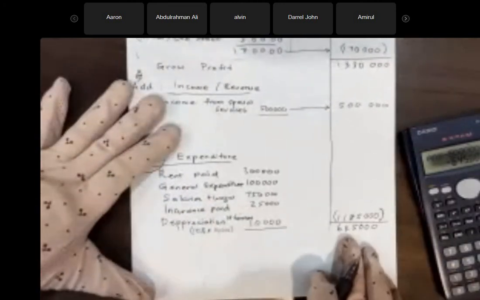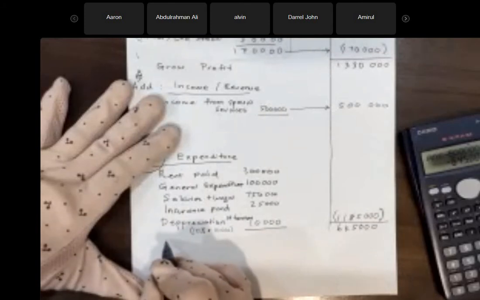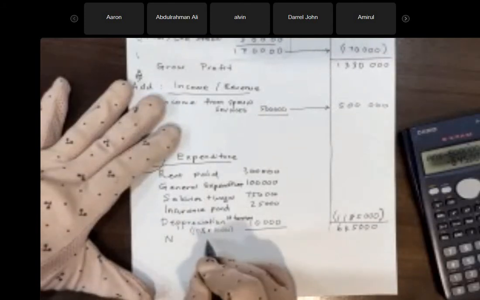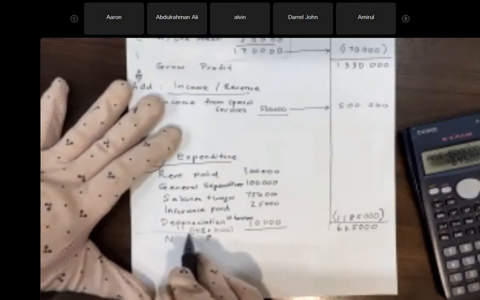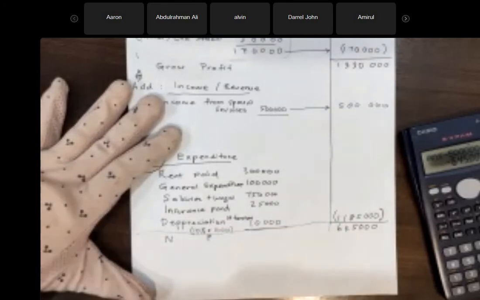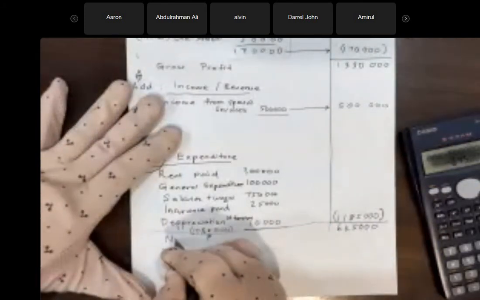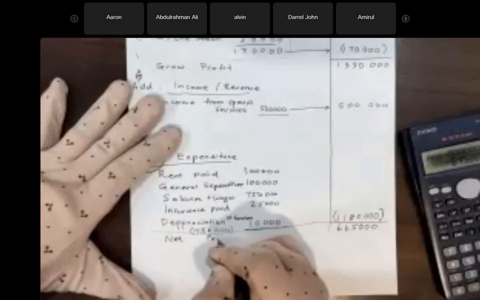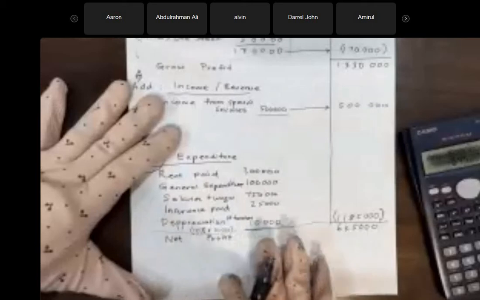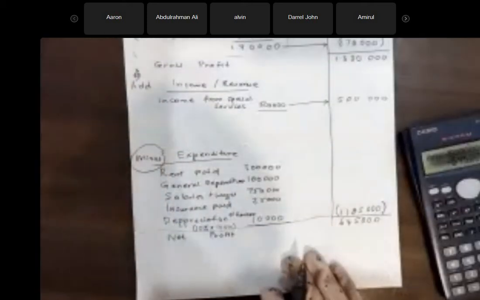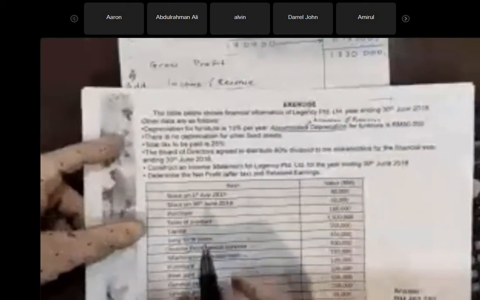Okay, what we call this? Sini. Start with N and P. What you call it? Net profit. Okay, good. This one is net profit. Okay, net profit before tax. Okay, now we have to calculate for the tax and dividend.